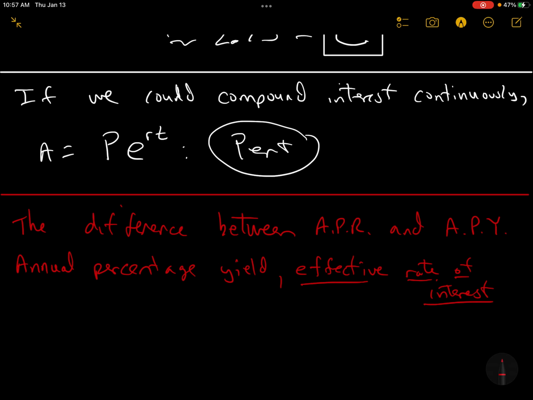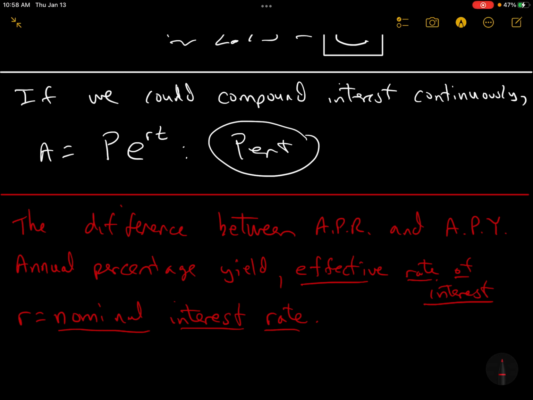But that's what your book is using, and so there we are. And little r, the annual percentage rate, they use nominal. It could be that nominal and effective interest rate, those terms are for professionals, whereas APY and APR are for us mere mortals, so who knows.